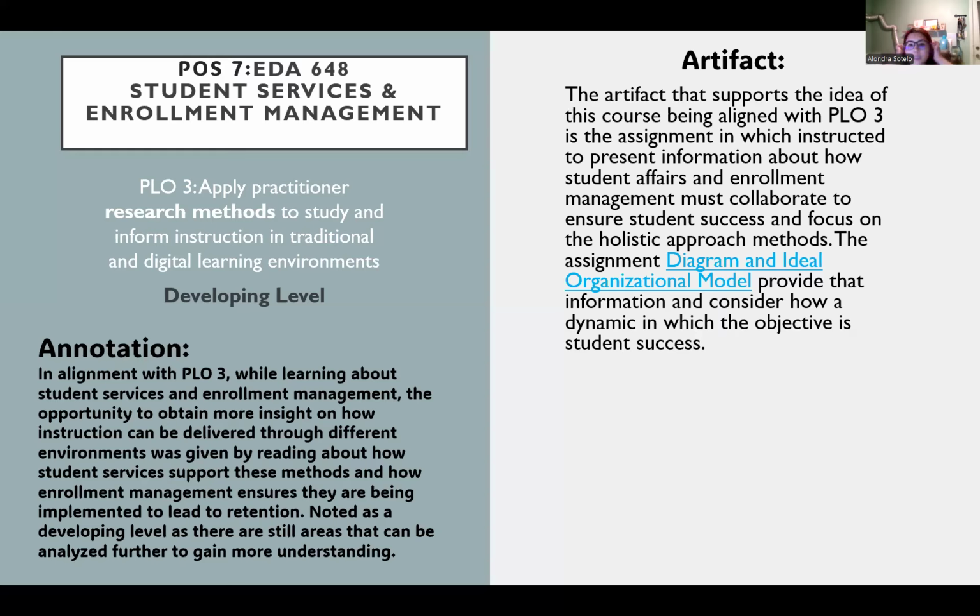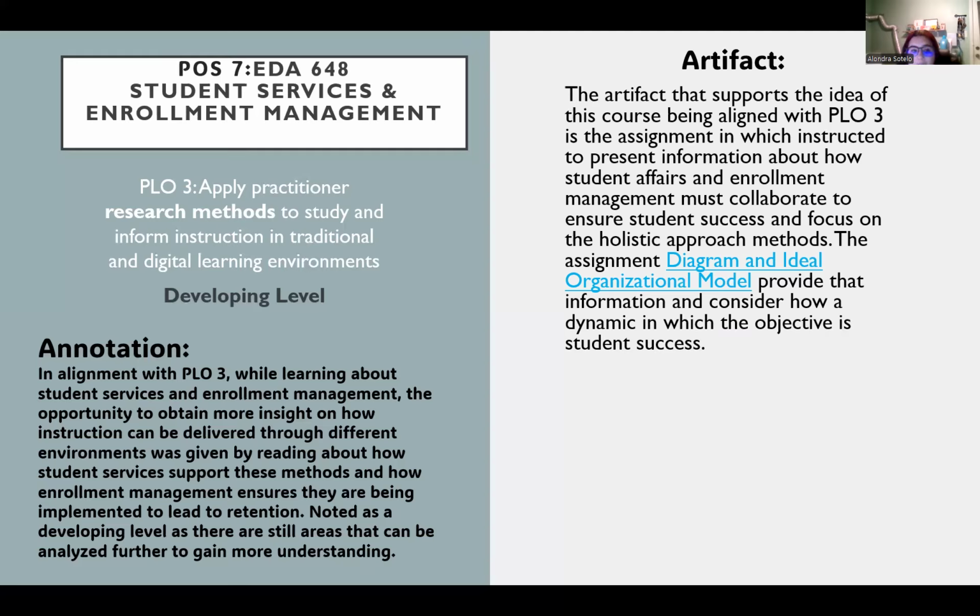So again, the artifact that supports the idea of this course being aligned with PLO 3 is the assignment in which the instructions were to present information about how student affairs and enrollment management must collaborate to ensure student success and focus on the holistic approach methods. This is the idea that they should be focusing on the whole student and not just one area. So the diagram and ideal organizational model provides that information and considers a dynamic in which the objective is student success.